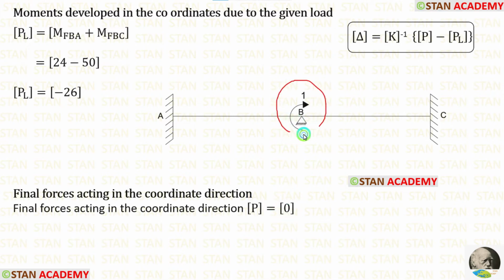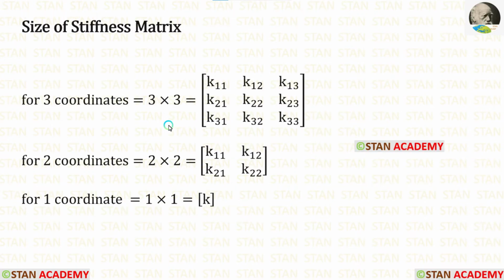Since we are having only one coordinate, inside the P matrix also, we are having only one value, that is 0, because there is no overhanging in the given beam. In this formula, we have calculated the PL matrix and the P matrix. Only one is remaining, that is the stiffness matrix.